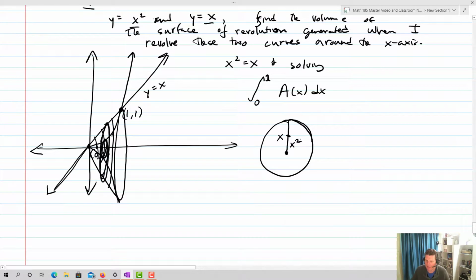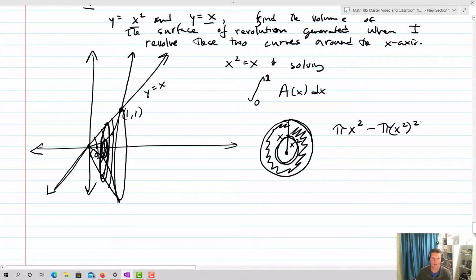So the area of the region that we're looking for, the region in between the two, how big is that region right there? We figure that out by taking pi x squared minus pi x squared squared. You take the big circle minus the small circle, and that gives you the area of the interior part.